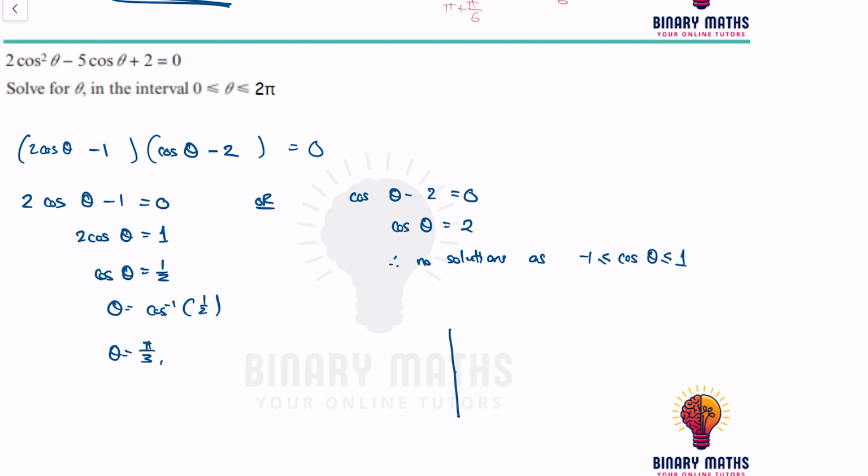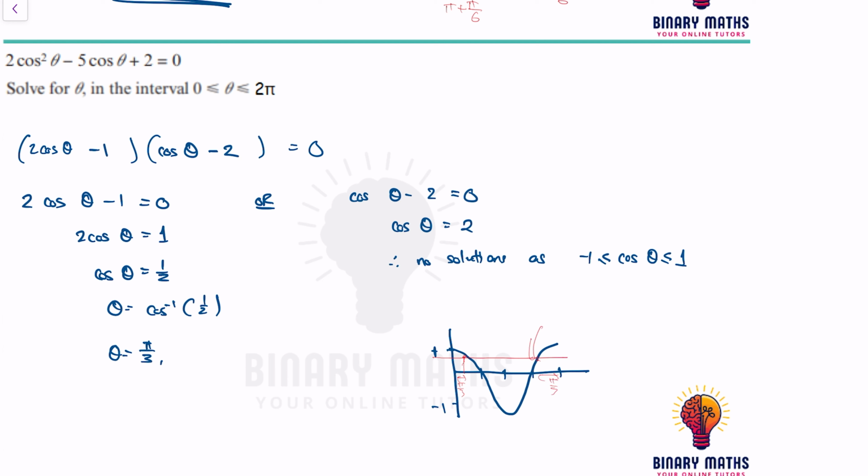If I draw the cos graph from 0 to 2 pi, then pi over 3 is somewhere here. Okay, so this is pi over 3, which means this is pi over 3. It's a sketch, so don't worry too much about it.